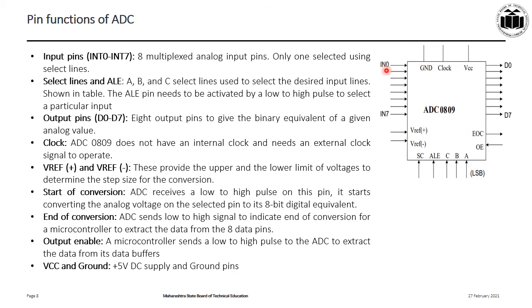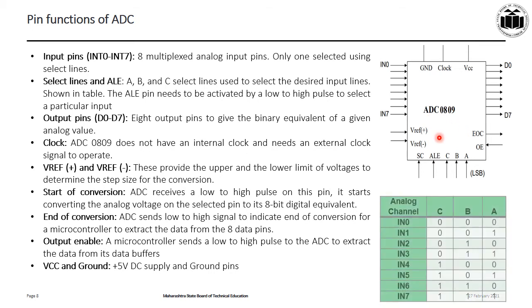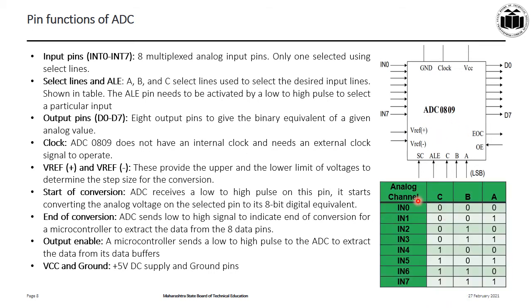So total 8 analog inputs can be converted by the ADC, but at one time only one can be converted to digital and given to microcontroller. So that is done using this table. ABC as select lines, selecting respective analog channel. D0 to D7 are output pins to give binary equivalent for analog value.